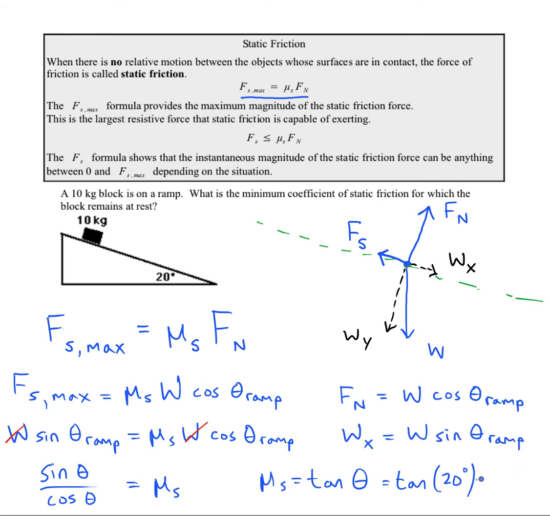And tan of 20 is 0.36. So as long as the coefficient of static friction between the surface and the block is as high as 0.36, then this block can remain at rest and it won't slip.